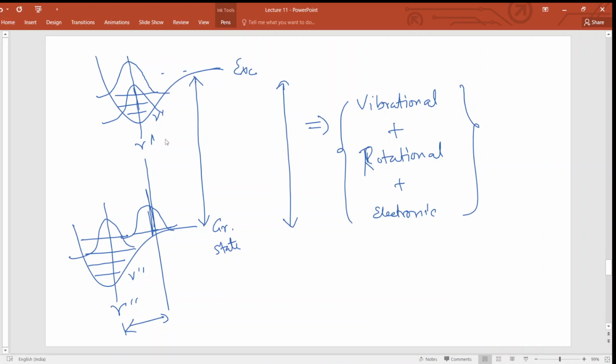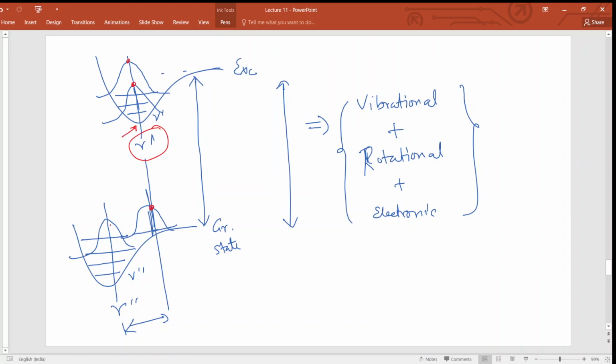Okay, let us look at this a little bit more simplistically. You see here that there are basically two energy curves, and in the bottom curve there are also two psi square peaks drawn. So you see at this value of R prime, this particular psi square peak has a maximum, this one has a maximum, this one has a maximum, which means that the transition is more likely here because the nucleus is more likely to be found at this particular value of R prime.